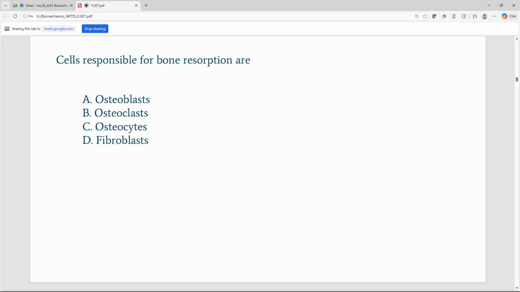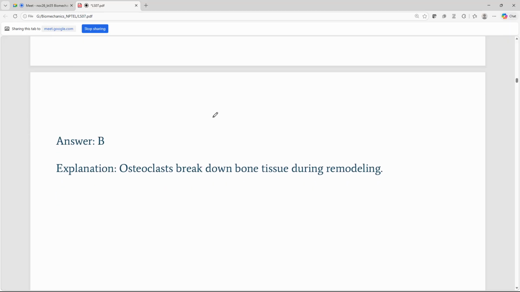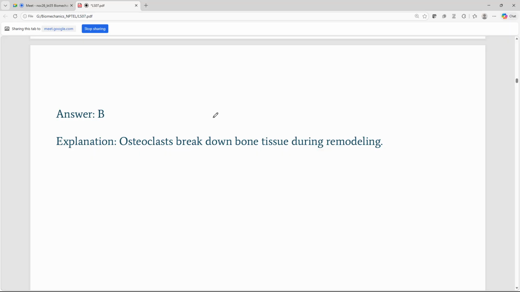Yes, our answer is option B, osteoclast. We have already seen osteoblast and osteocytes. This question is on bone resorption, so this is done by osteoclasts. These osteoclasts break down the bone tissue during remodeling.